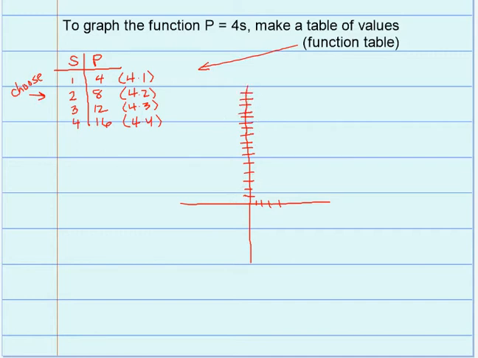Okay. Now I'm going to change the color here. I'll put them in blue. So if I graph these like an XY ordered pair, this would be side length and this would be P, perimeter.